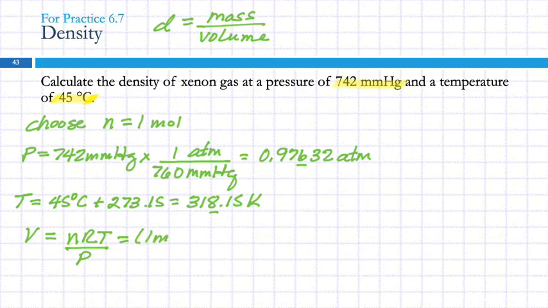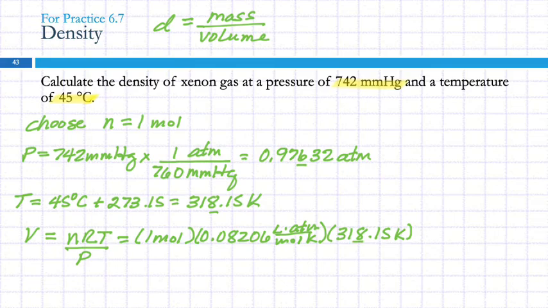So we have 1 mole, and we have 0.08206 liter atmospheres per mole Kelvin times the temperature divided by the pressure.